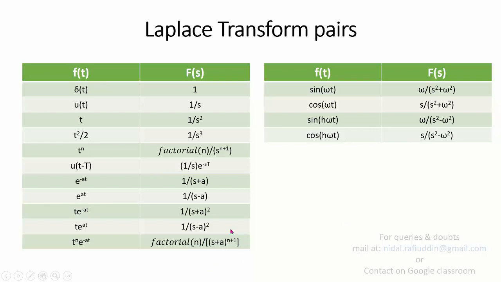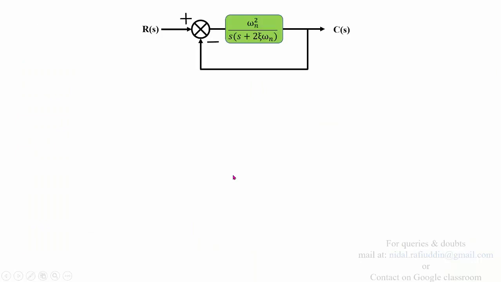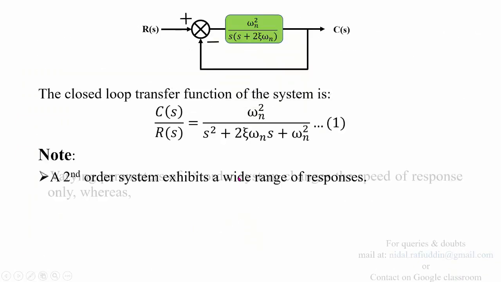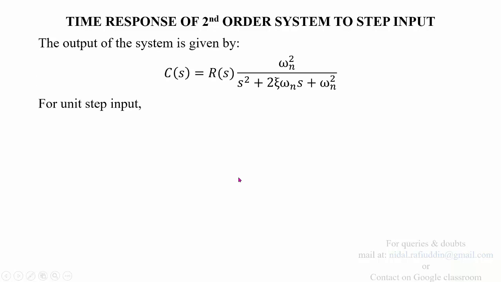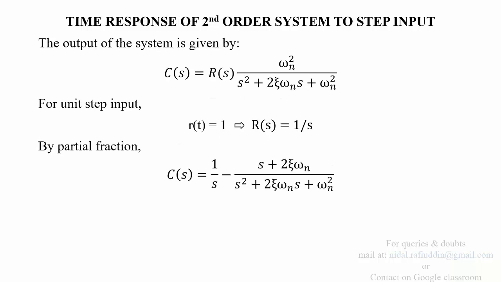So your task, whenever you desire to obtain the Laplace inverse, is to convert this expression into some form for which I can take the Laplace inverse. So for this I'm going to take the partial fraction of it. So I took this as 1 upon s, and the remaining term here after partial fraction. Then again I see that this term is not in any form that the Laplace inverse could be taken for.